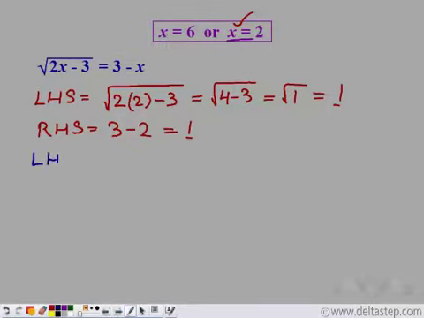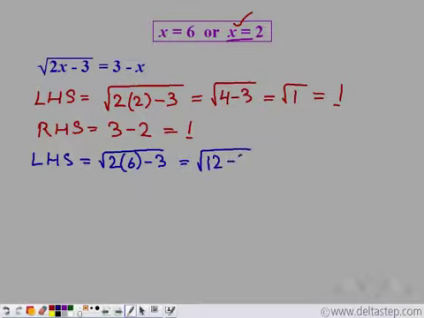Now let us check for x equal to 6. Left hand side is equal to root over 2 into 6 minus 3. So we have put 6 in place of x. 2 into 6 is 12. So we have root 12 minus 3, which is equal to root 9, which is 3. Positive square root of 9 is equal to 3.